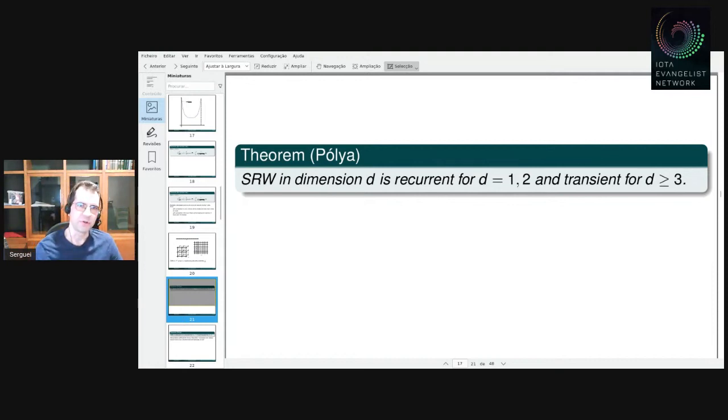That is, in dimensions 1 and 2, the walker will always return to its starting point once, but if it surely does this, then it will return again and again, so it will do it infinitely many times. But in higher dimensions, eventually the random walk will just go away.